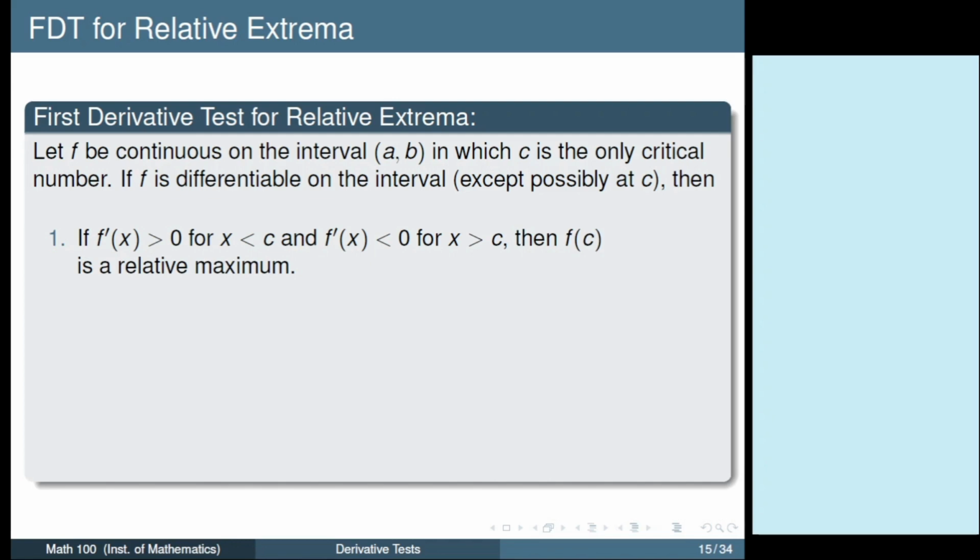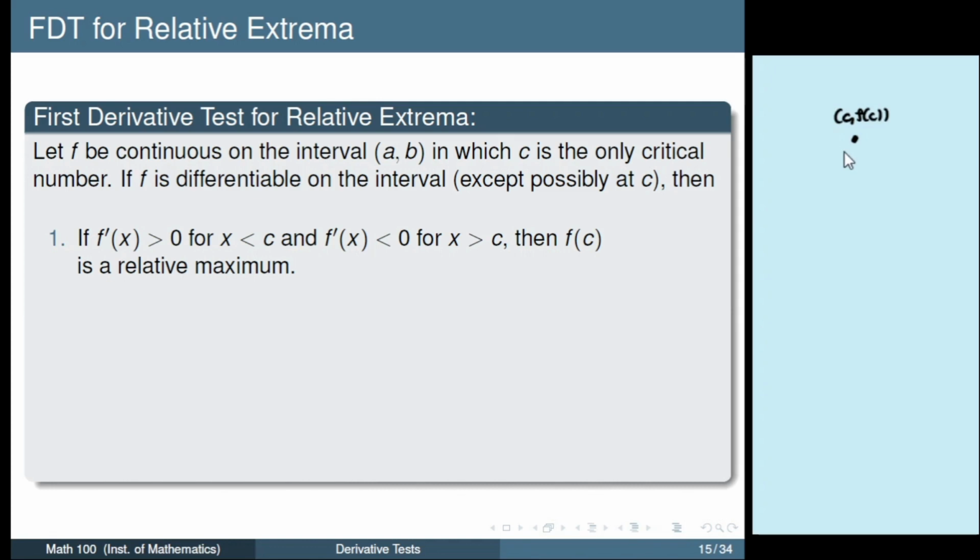So graphically, ganito yung nangyayari. Okay, let's say we have this point, c, f of c. Sabi sa 1, for x less than c, that means to the left of c, our f prime of x is greater than 0. That means our f is increasing.